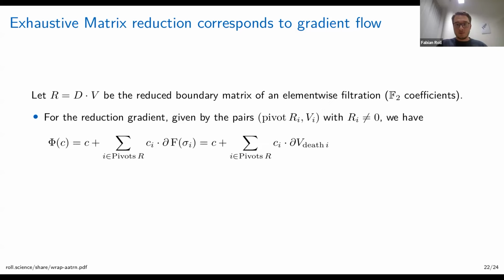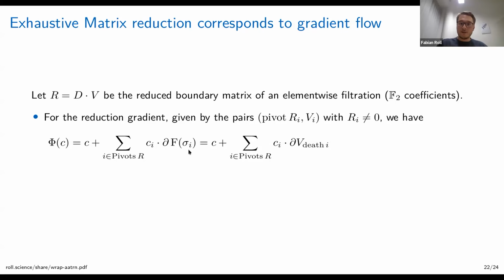So how does this gradient work? This gradient takes a birth simplex, in this case denoted by pivot R i, and pairs it with the corresponding column of the base change matrix V to the death index of the feature.